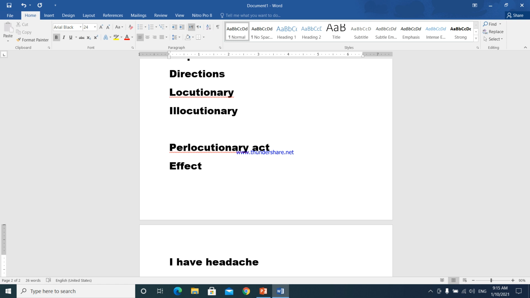نرجع الآن إلى at the beginning of the lecture قلنا نفرق بين structure and form. What is the structure of the sentence? It is a declarative sentence, right?